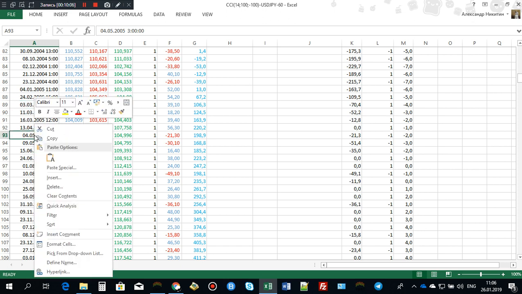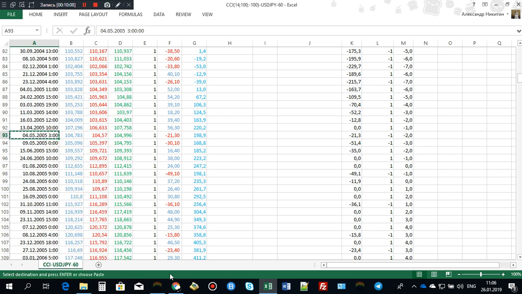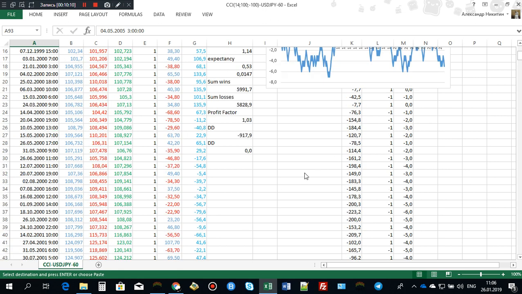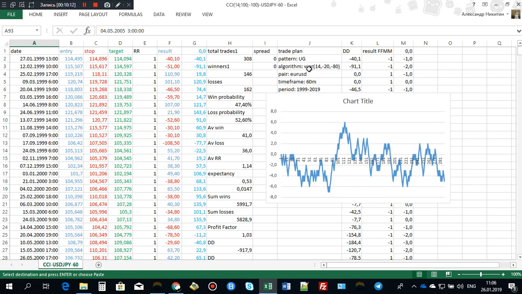9123. We copy this date, yes, and then we should be sure that we are running the same algorithm, and the algorithm here is commodity channel index period 14, 100 overbought, minus 100 oversold, $yen.